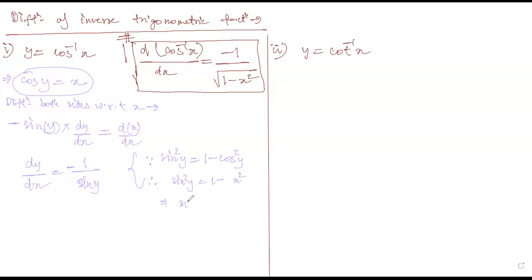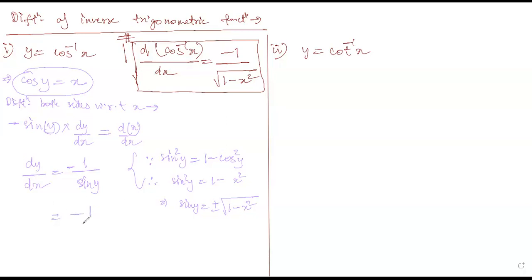From here, you can find out that sine y is equals to plus minus root over 1 minus x square, right? And basically the value of sine y will be taken positive here. The positive one will be taken in this case.